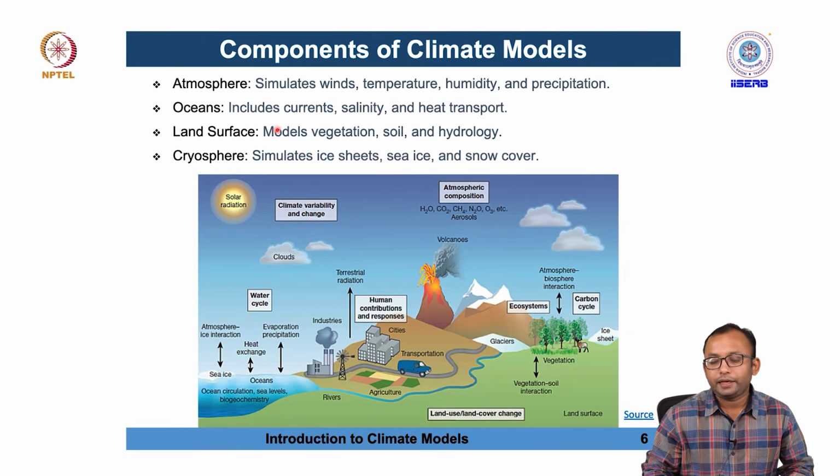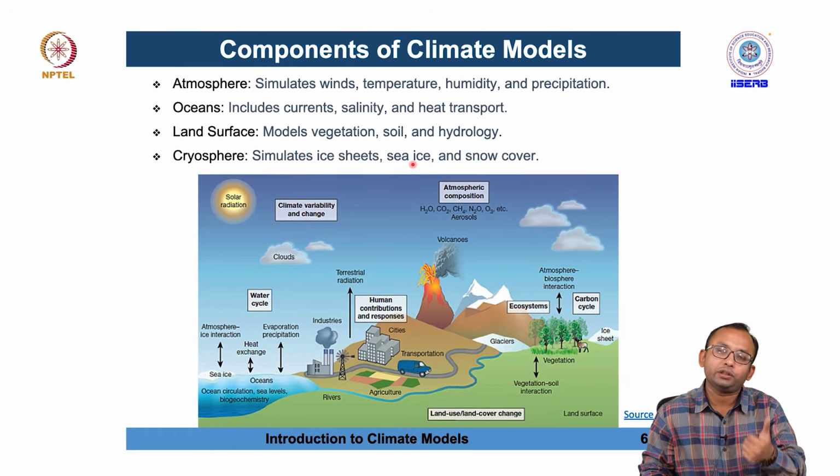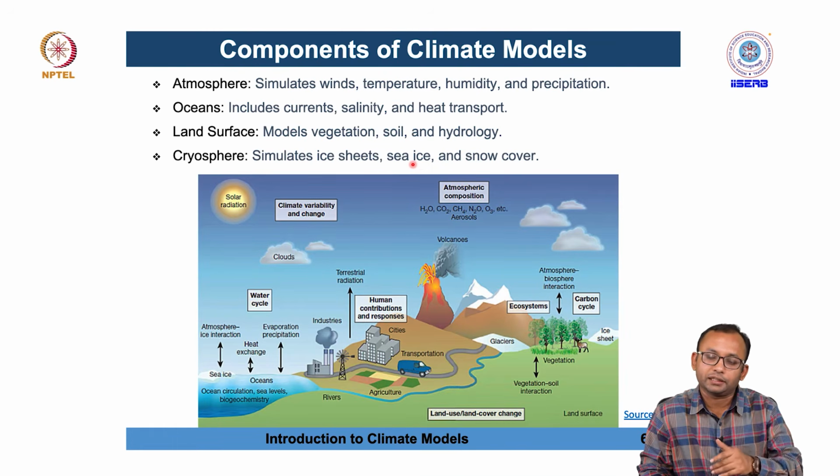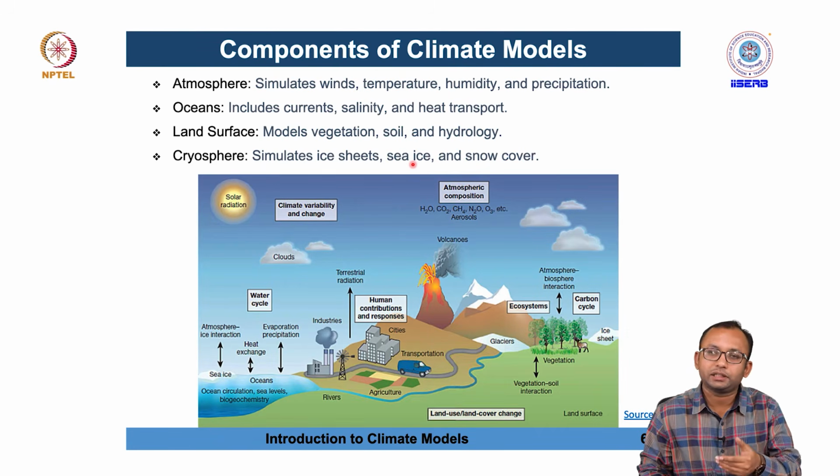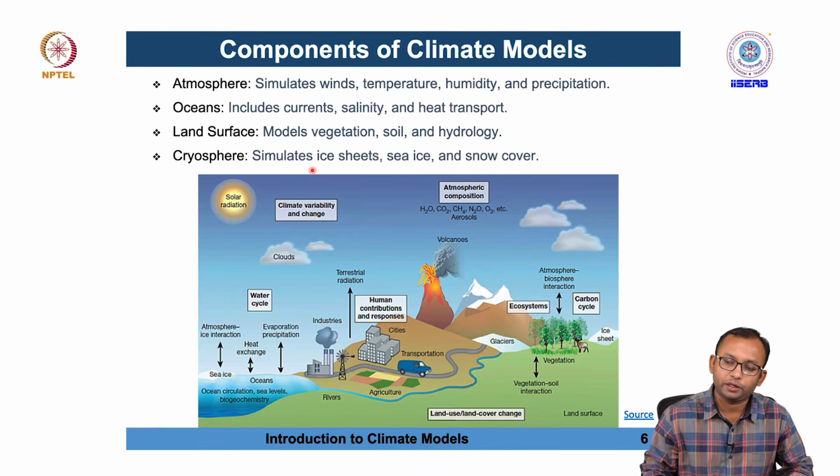Then we have the cryosphere, which simulates the ice sheets, sea ice, snow cover and their responses in conjunction with atmospheric changes or changes in temperature, rainfall and wind velocities. All of these we take into account, and we use these components to look at how they are affected.